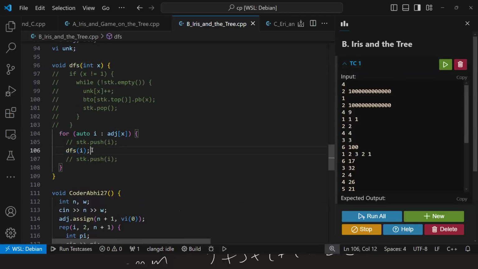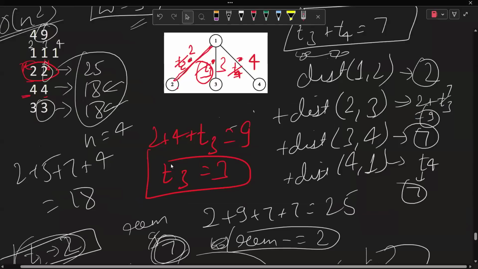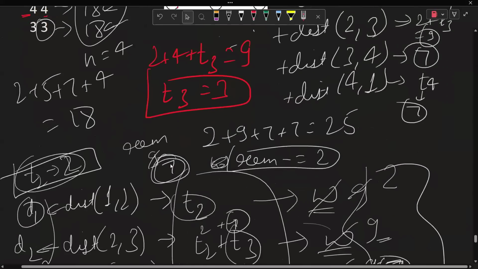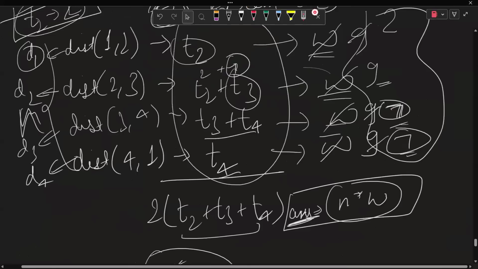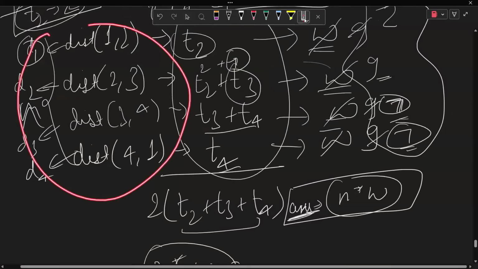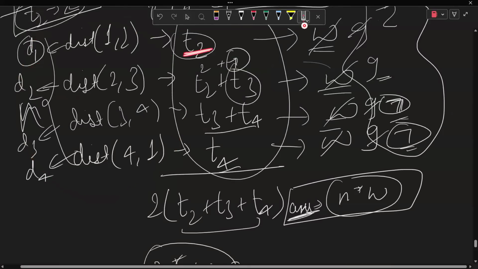Now, what I need to find is this thing: for every distance, this D1 distance is constituted of what all edges, this D2 distance is constituted of what all edges, this D3 is constituted of what all edges.